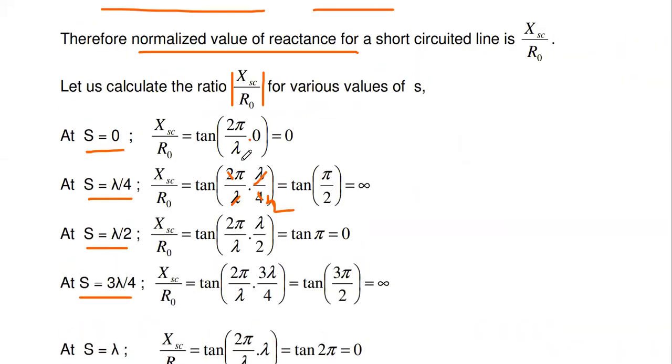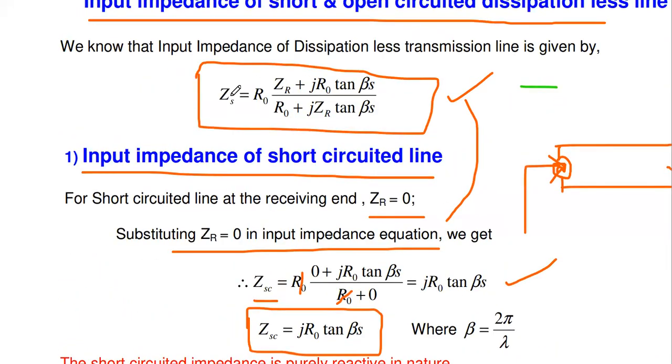So you see Z is equal to R naught times ZR plus j tan beta x, divided by R naught plus j ZR tan beta x. In this formula, if we substitute ZR directly as infinity, we get infinity divided by infinity, an indeterminate answer. So from this equation, take ZR outside from numerator and denominator.